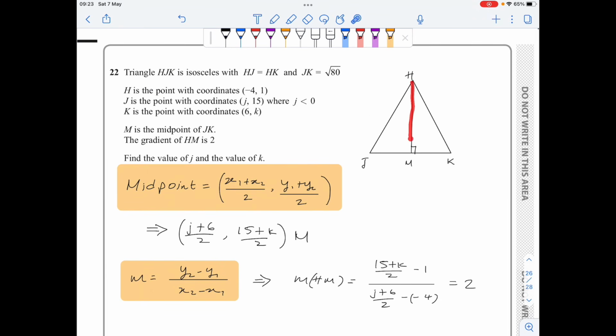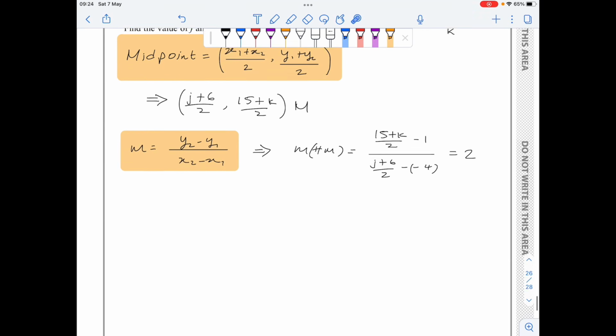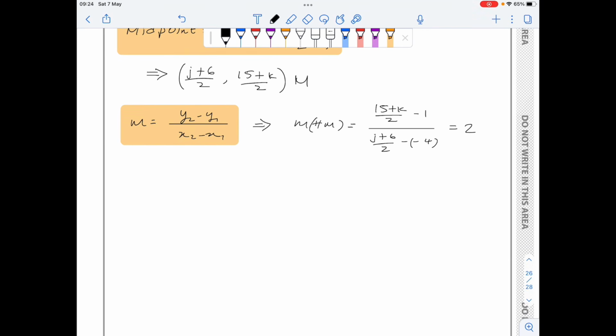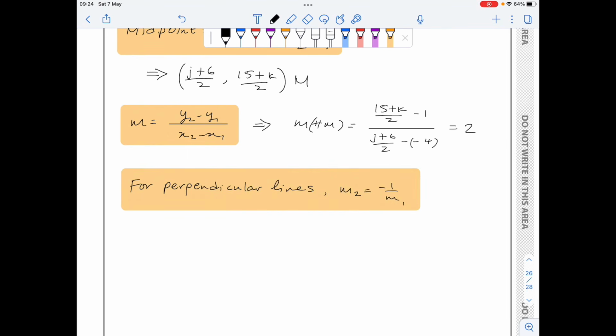Now note that HM is perpendicular to JK, and we know that for perpendicular lines the following holds. So in our case, the gradient of JK, which is given by (k minus 15) over (6 minus j), must be equal to minus 1 over 2.